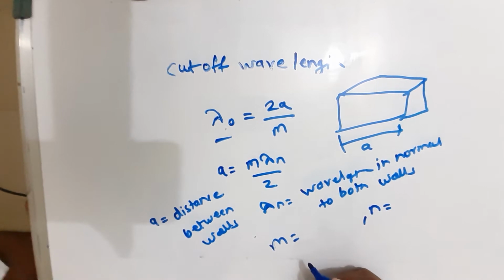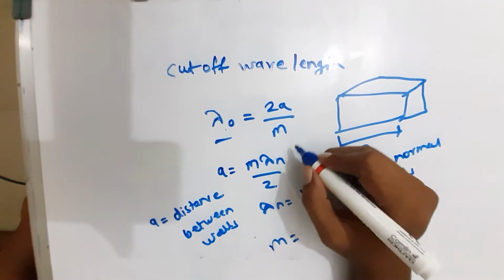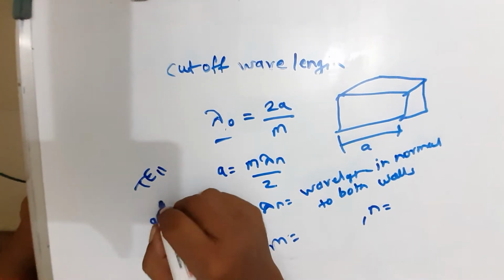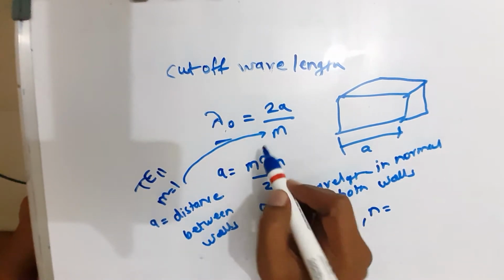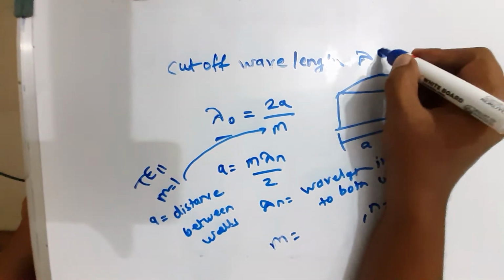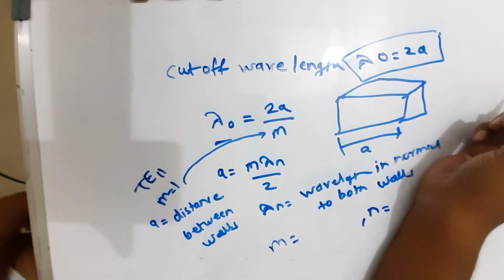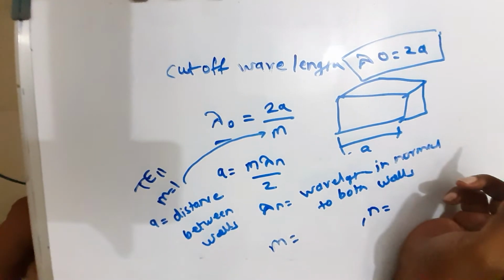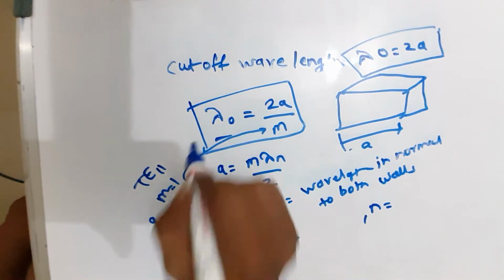So for the TE10 mode, m equal to 1, so I will put m equal to 1, and lambda 0 equals 2a. Just remember, the cutoff wavelength is equal to twice the distance between the walls. This is the formula for cutoff wavelength.